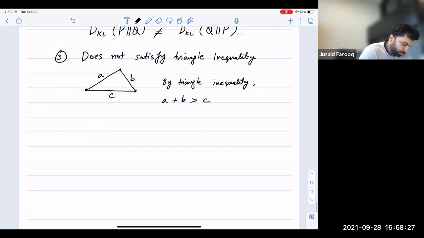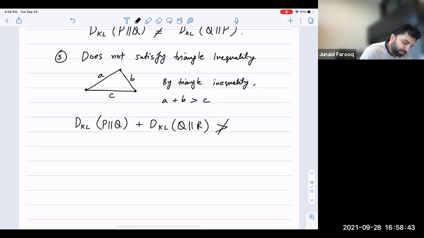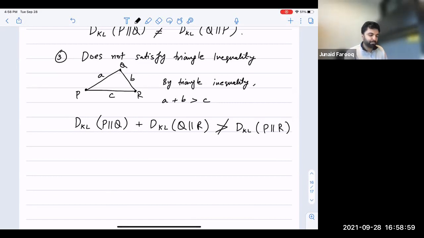But the DKL between P and Q, and DKL between Q and R, is not always bigger than DKL between P and R. Okay, so if we had three points P, Q, R, PQ plus QR is not bigger than the distance between P and R.